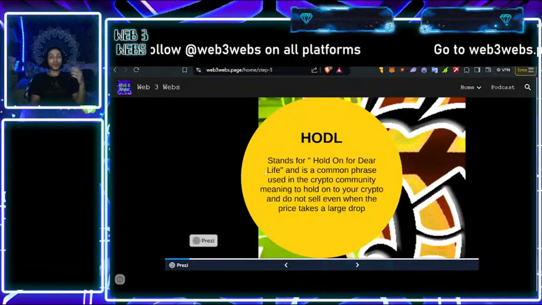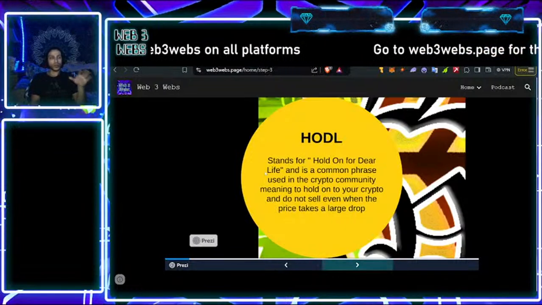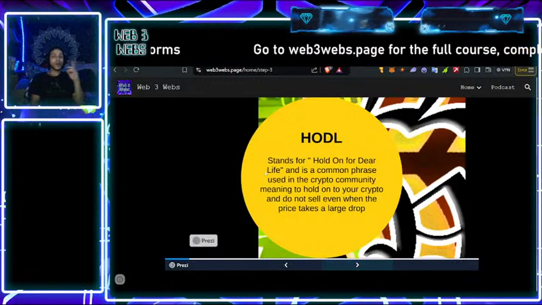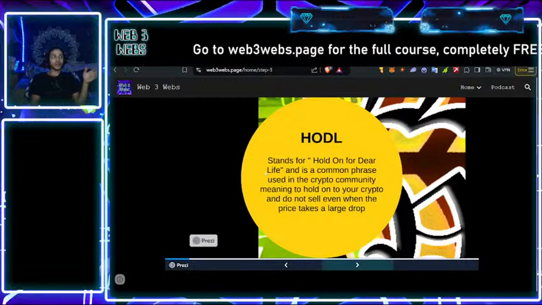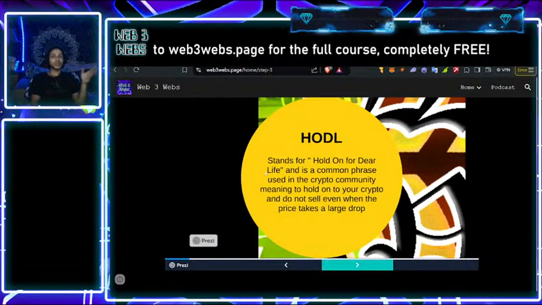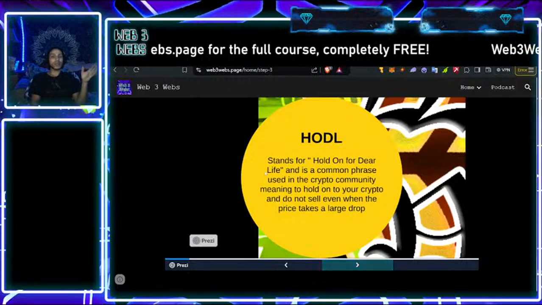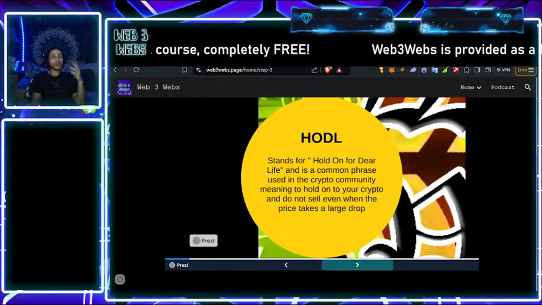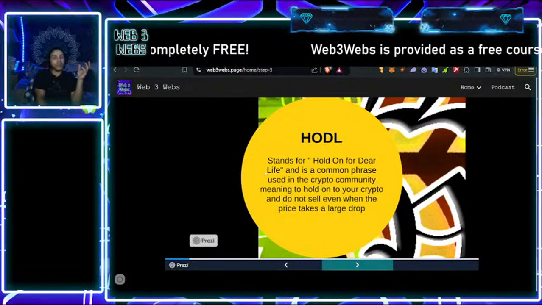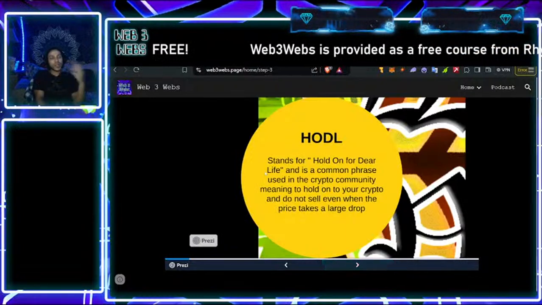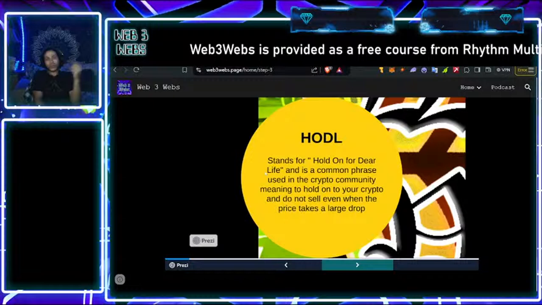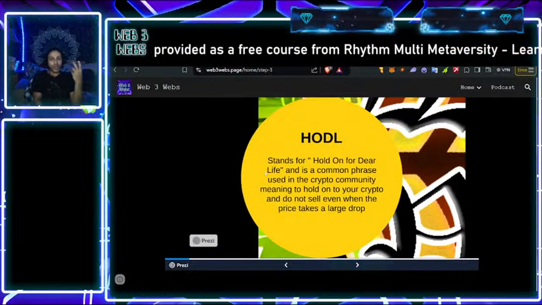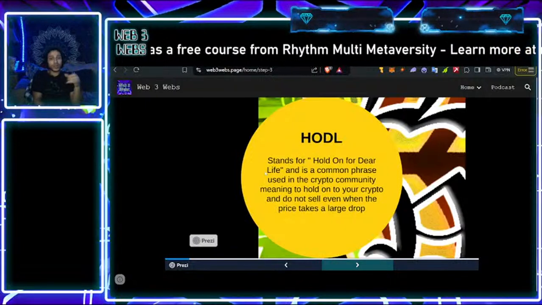Something you should be doing for a good portion of your portfolio. However, holding on forever and just, no matter what happens, not selling can also be detrimental, because there are things that go down. There's blockchains and platforms that don't end up following through with what they were going to do, and they go bankrupt, whatever it is.